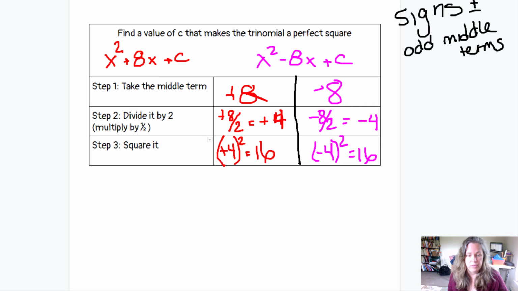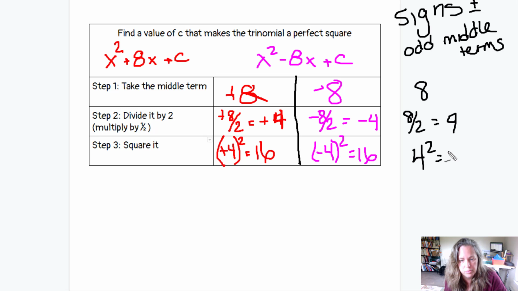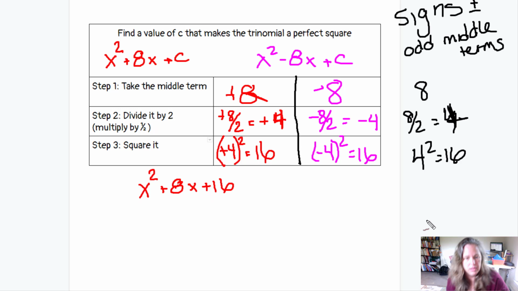Take the middle term. So if I were ignoring the signs, it would look like this. Take the middle term, just take 8, divide it by 2, square it. That's supposed to be a 4. Okay, so with the red trinomial, we get x squared plus 8x plus 16.